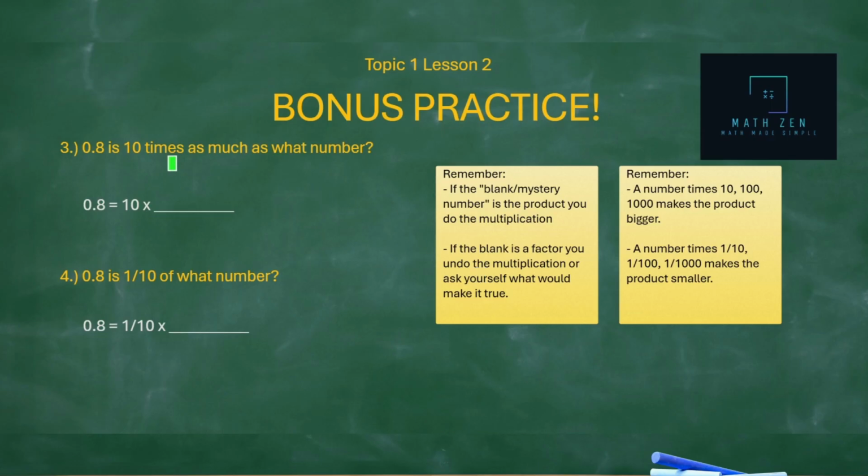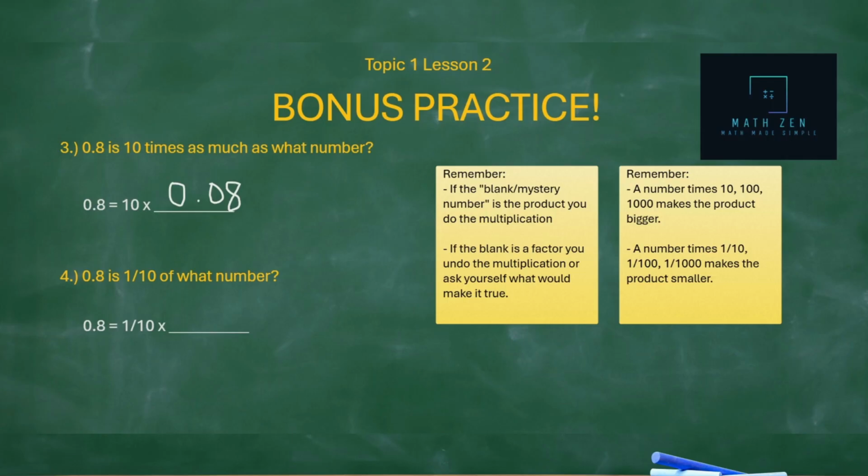Just like before, when we read the problem, we're going to rewrite it in equation form. This one says that 8/10ths equals 10 times as much as what mystery number? Again, you need to think to yourself, what would I plug in here that would make this equation true? The only thing that you could possibly plug in there would be 8/100ths.